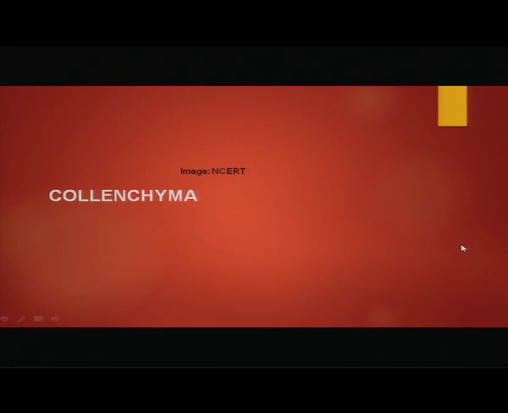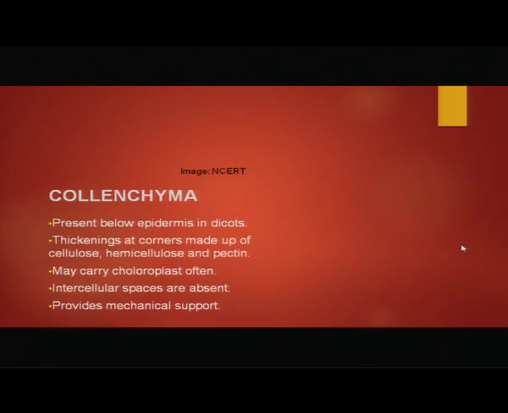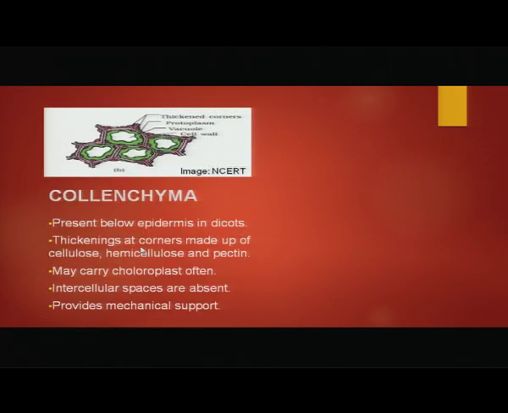Moving on, let us see the collenchyma. The collenchyma is present below the epidermis in dicots, and there are thickenings at the corners. These thickenings are made up of cellulose, hemicellulose and pectin. They may sometimes have chloroplast also.